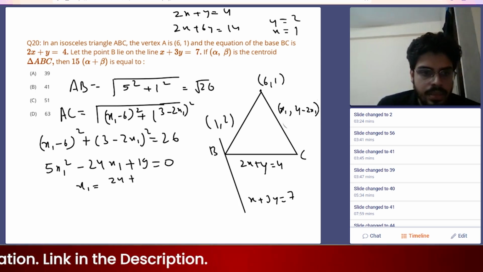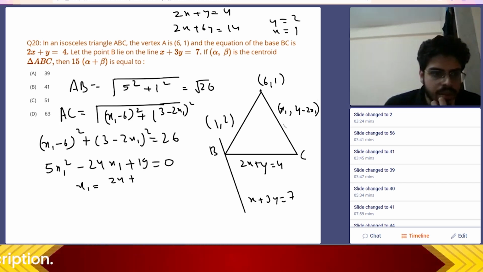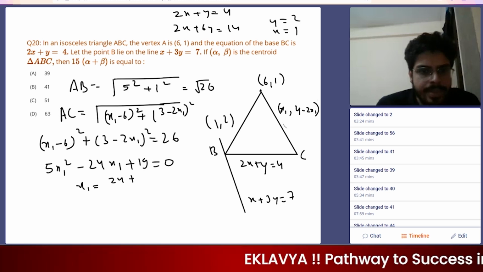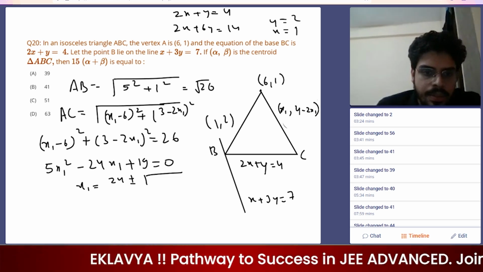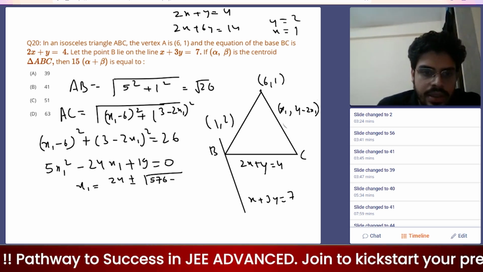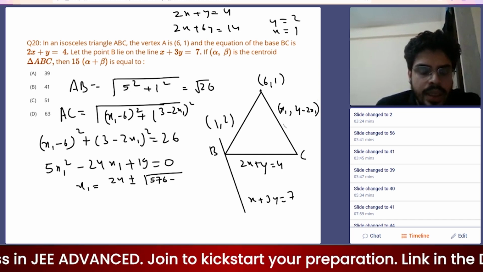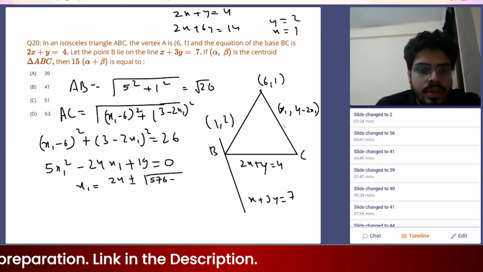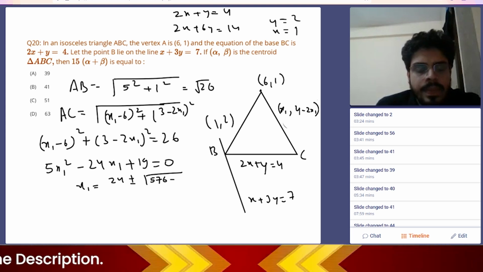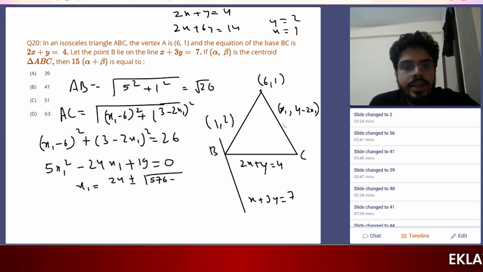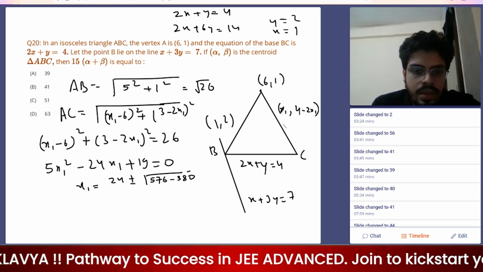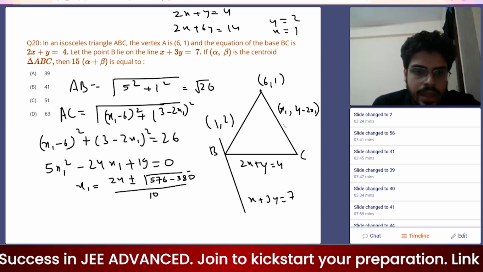So from here, if I solve, I'll get x1 equal to minus b plus minus root of b square minus 4ac, or I can split the middle term also. So 576 minus 4 into 20 into 19, which is 380, upon 10.